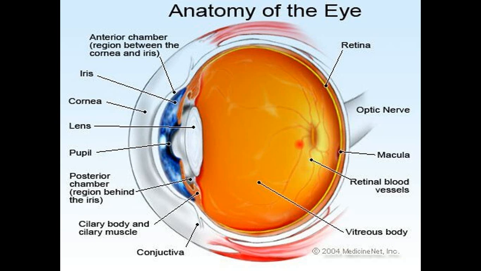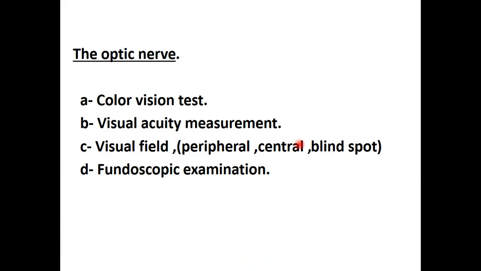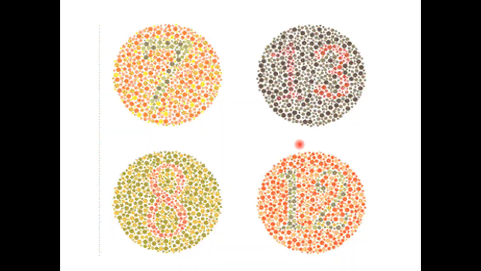Or examine the optic disc, for example if the patient has optic atrophy or papilledema, meaning optic disc swelling, and so on. So fundoscopy examination is part of examination of the second cranial nerve, starting with color vision, visual acuity, visual field and fundoscopy examination.